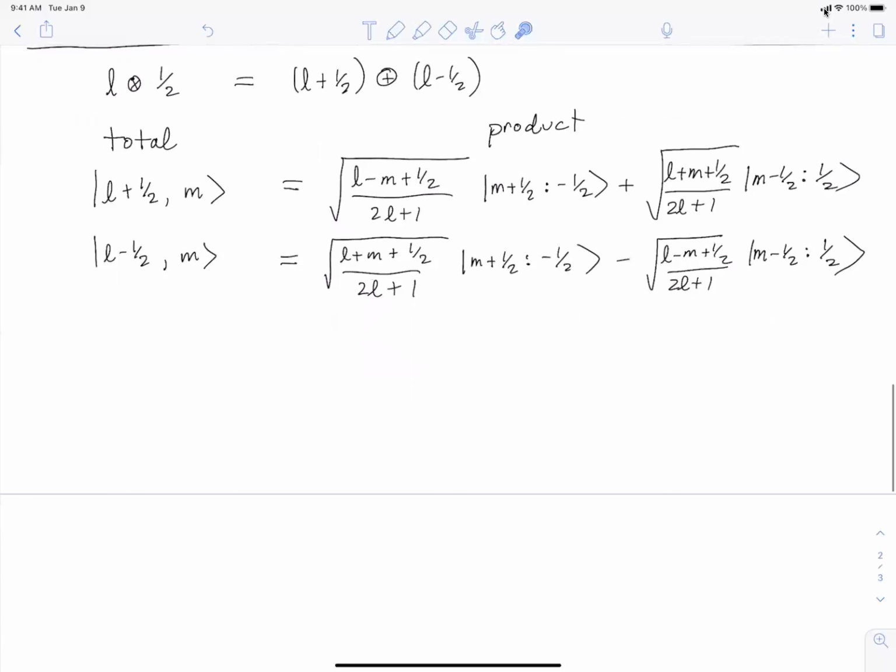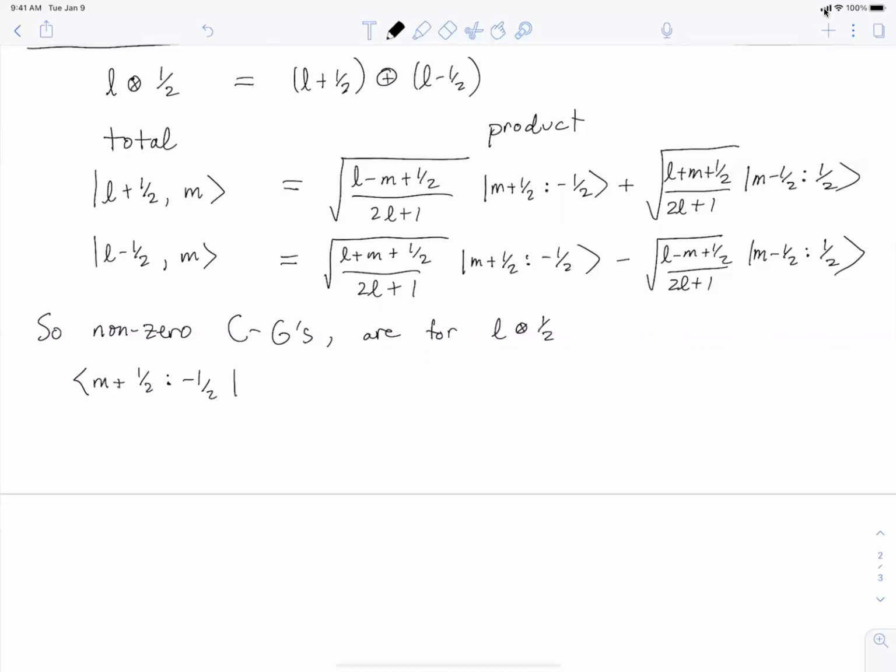Okay, so now we can just write down what are the non-zero Clebsch-Gordan coefficients. They're in one-to-one correspondence with the non-zero terms in these linear combinations. These are for L cross 1/2. So first there's m plus 1/2 colon minus 1/2, L plus 1/2, m.